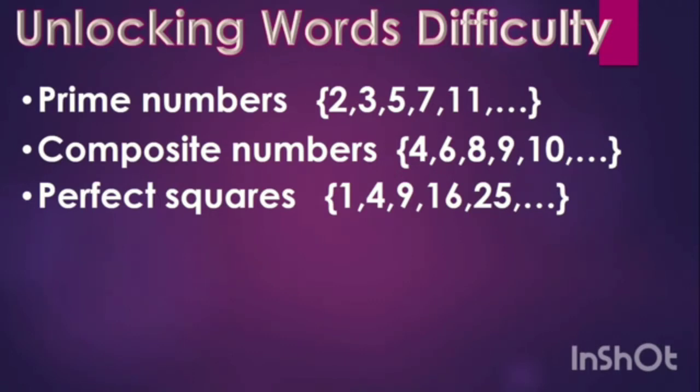Therefore, 4 is a perfect square. So, when we are multiplying the number by itself, the product is called a perfect square. Another example, 5 times 5, that is 25. Therefore, 25 is a perfect square. Also, 36, 49, 81, 100, because 100 is 10 times 10.